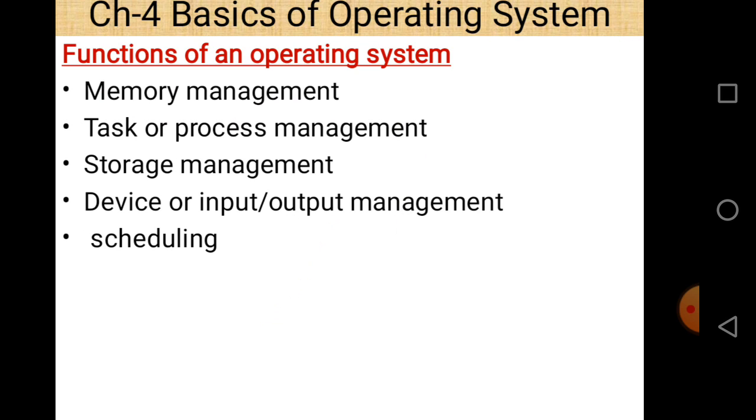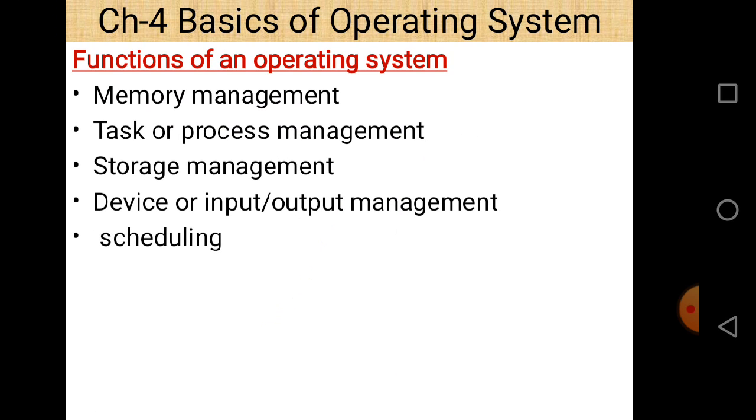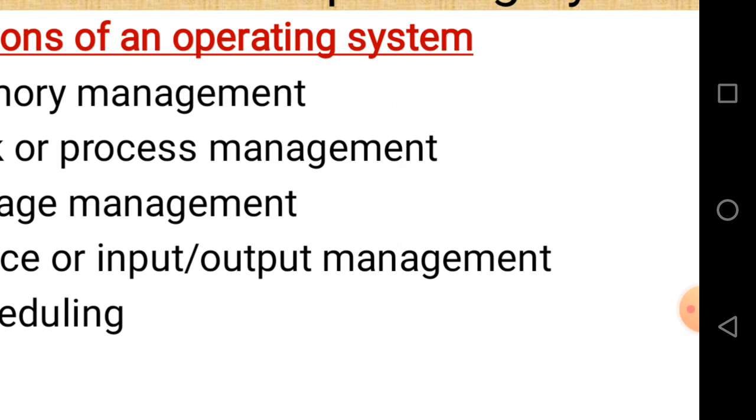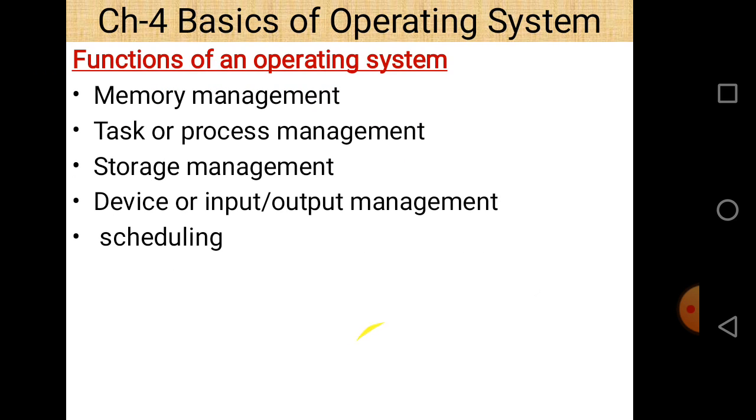Memory management means all the operations regarding memory access, for example when we want to read data or write data into memory. All these memory management functions are done by the operating system. And as we know, a process is nothing but a program in execution, or a process is an instance of a program.